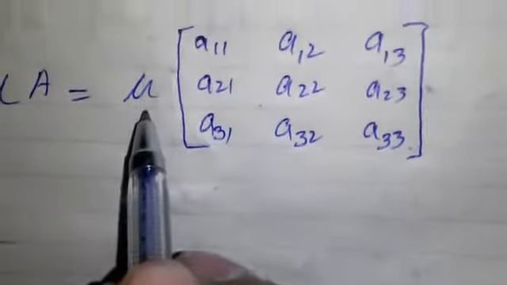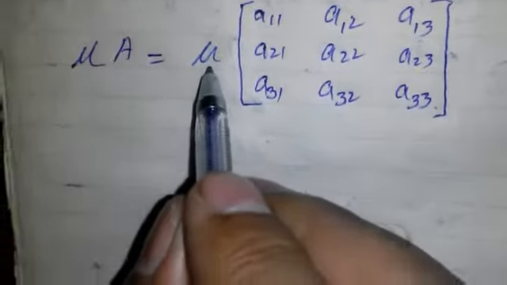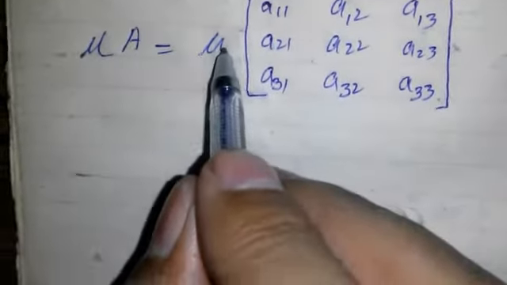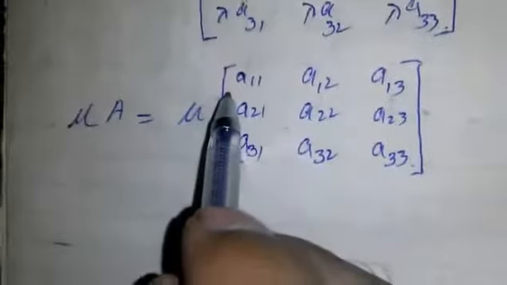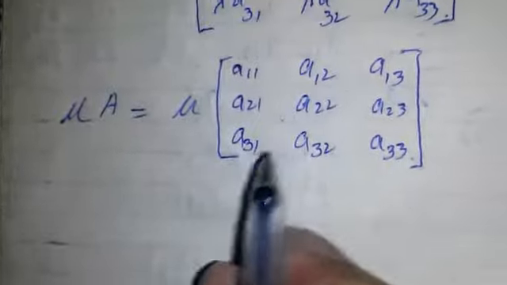So it is multiplied by a scalar mu. If a scalar multiplies any matrix, then we have to multiply that scalar with each and every element or entry of the given matrix.